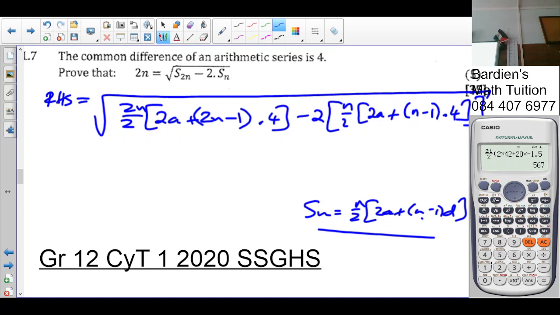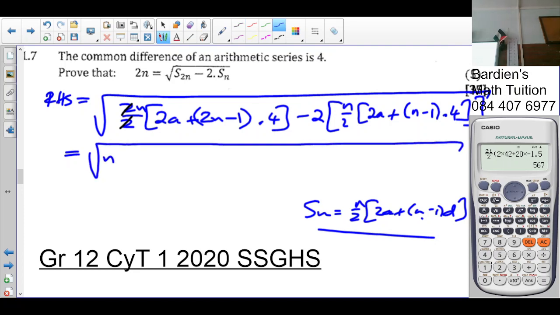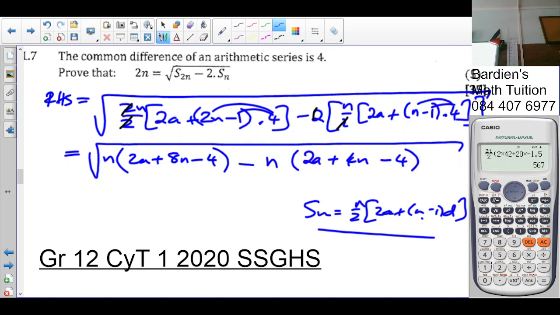From here it's just a matter of simplifying. So we got the right hand side. 2 cancels 2. So that will be the square root of n into 2a plus, get rid of the inner bracket, so it's going to be 8n minus 4, minus, of course, the 2 and the half cancel. So it's going to be n into, multiply that in, I get 2a plus 4n minus 4.